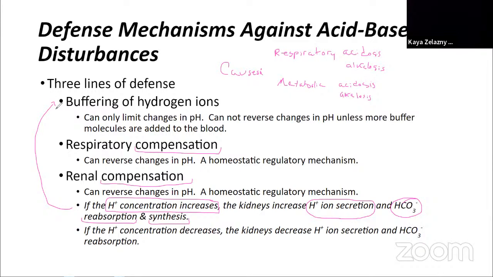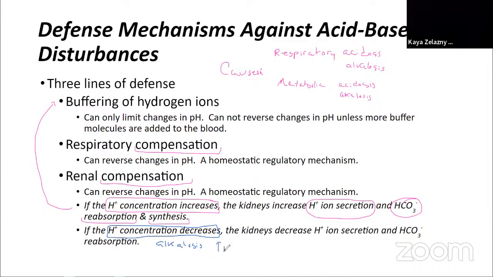We can also have the opposite in the case of alkalosis. Here we have our alkalosis. Our hydrogen concentration has decreased, which means we're in alkalosis. Does that mean we have high or low pH? Our pH for alkalosis is more basic, so it's high.